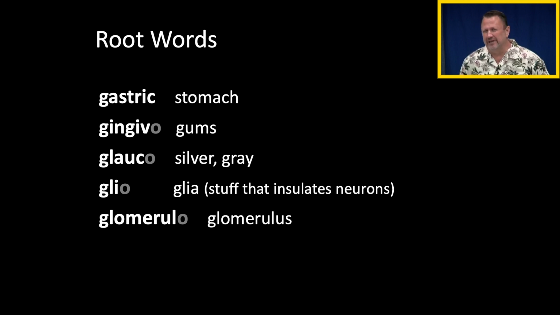Glomerulo refers to the glomerulus of a kidney. The glomerulus is the functional filtering unit of the kidney, and the kidney is made up of millions of independent glomeruli. And so glomerulosclerosis refers to scarring of those glomeruli.